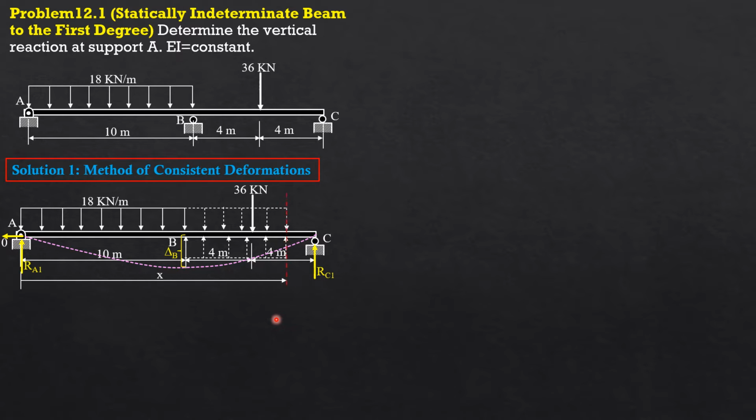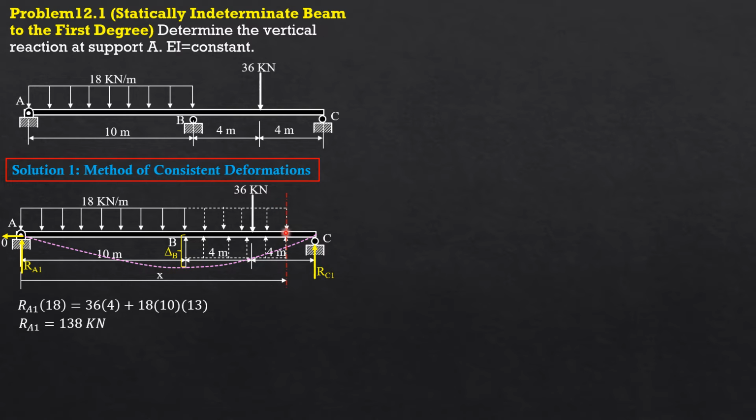Considering the entire system first, RA, summation moment about C equals 0, so RA times 18 equals 36 times 4 plus 18 times 10, not yet extended. Then this is 5 plus 8, so 13. Solving for RA1 for the determinate beam, 138 kilonewtons.